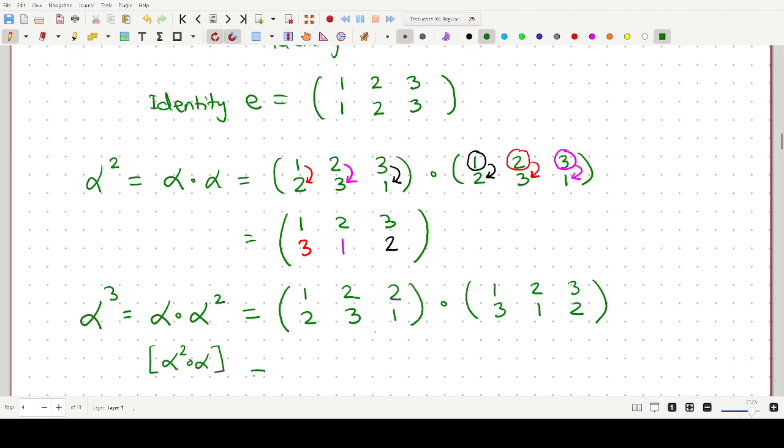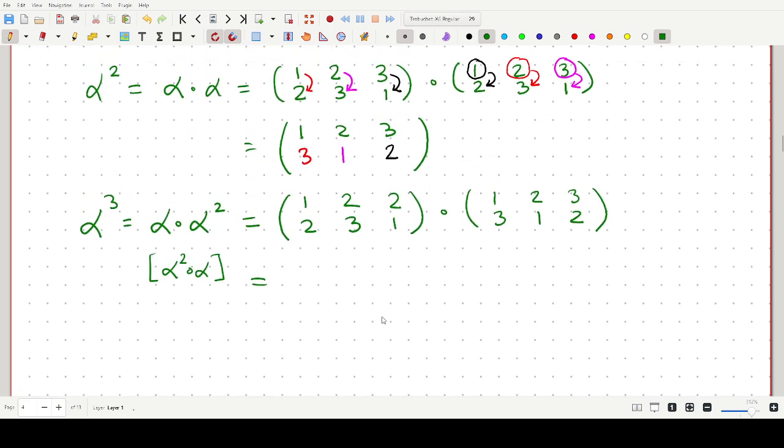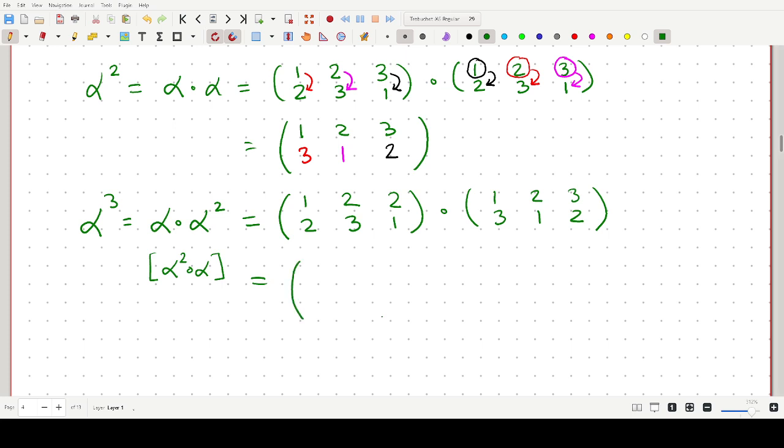Now, let us conduct this composition in the same way that we had done it previously. Let us take a spacious arrangement of the first, second, and third positions initially. Let's take the red arrow, which takes 1 to 2 in the first composition alpha.